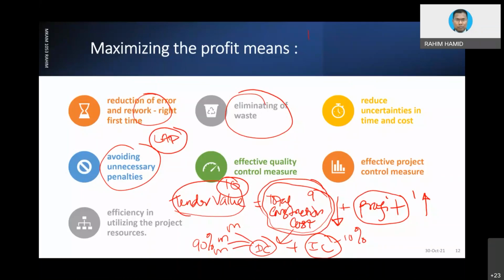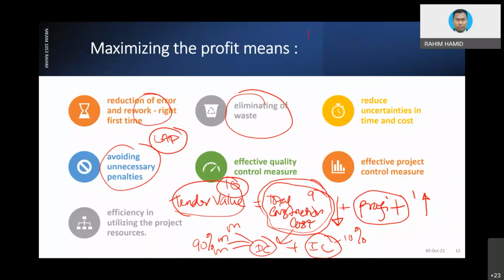Make sure that you are being granted what we call extension of time if there is such delay. But again, not all delay will be granted extension of time. Only delay caused by the client or client representative or the third party. As a contractor, you have to be very careful.